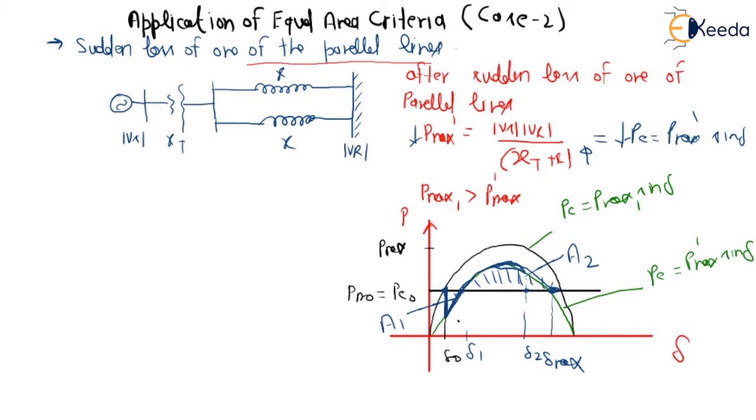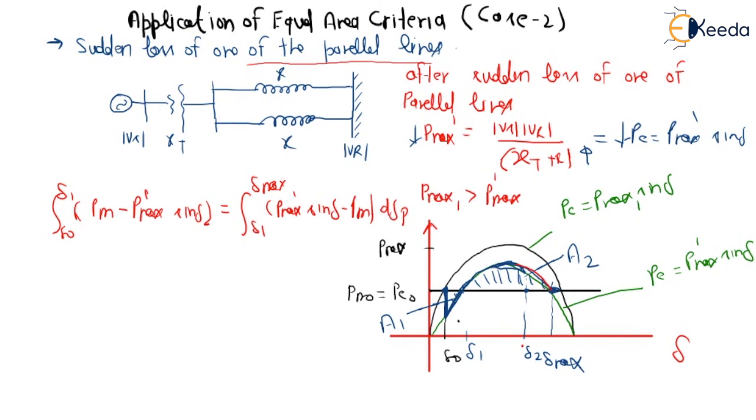So we can write integral del naught to del 1 of Pm minus P max dash sine delta d delta is equal to integral del 1 to del max of P max dash sine delta minus Pm d delta.